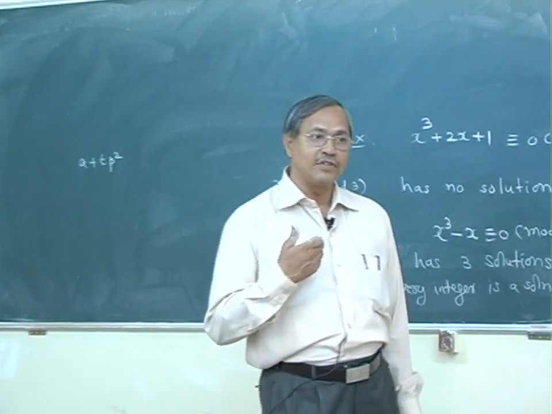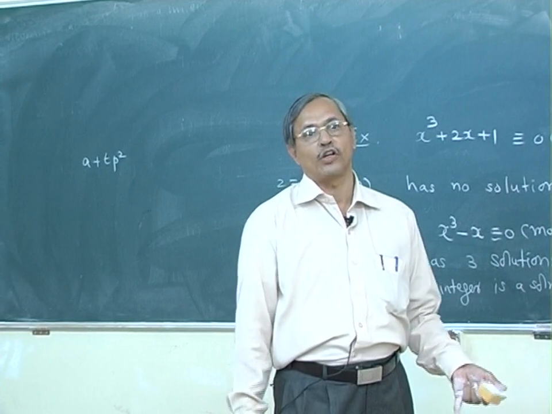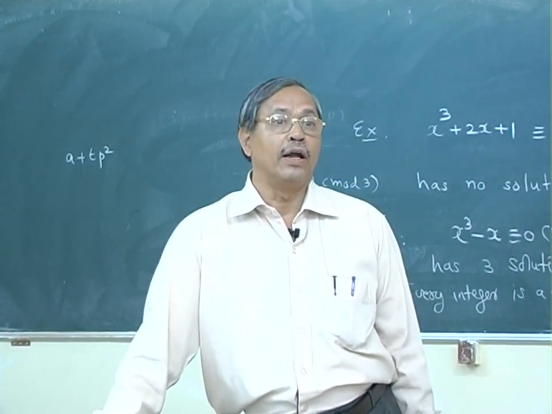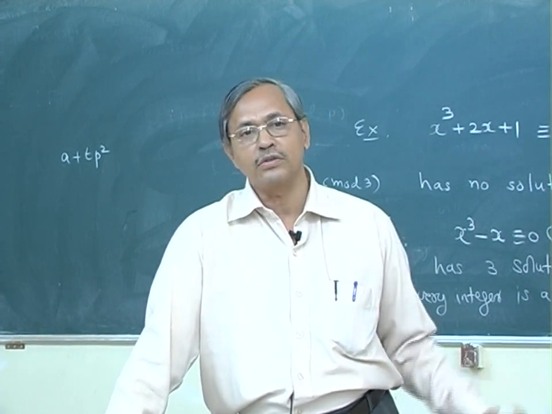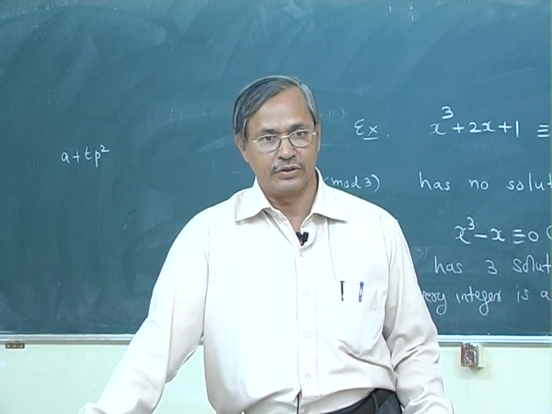So suppose the degree is very high. Your p is equal to 7, and you are considering a polynomial congruence of degree 100. The number of solutions is at most 7, that prime, because these are the only possibilities.